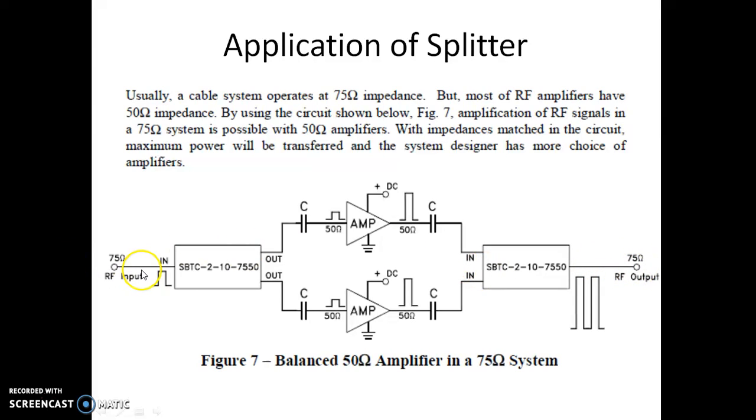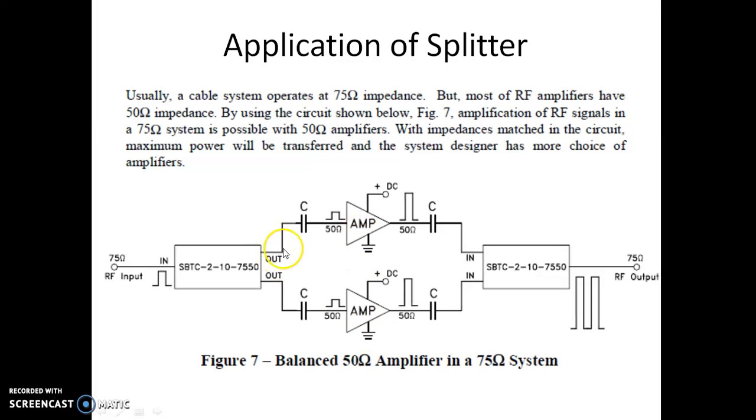Now we can see the output amplitude has been increased to a large extent here. So it's an application of a splitter cum combiner. You can see the first part is a splitter, and the signal is then amplified with amplifiers.